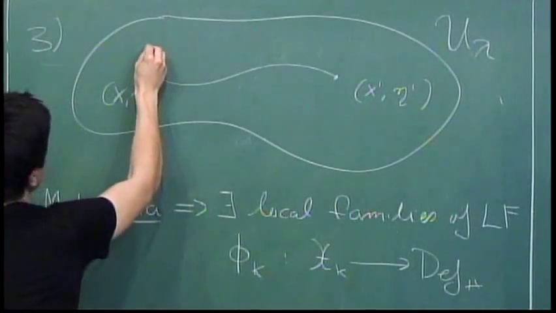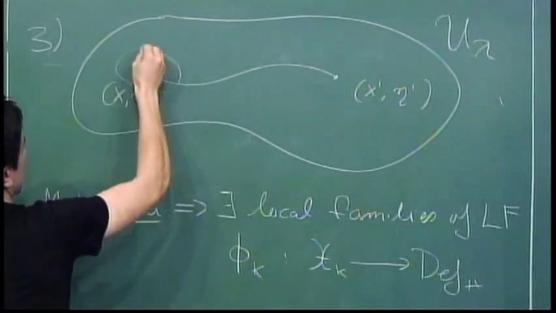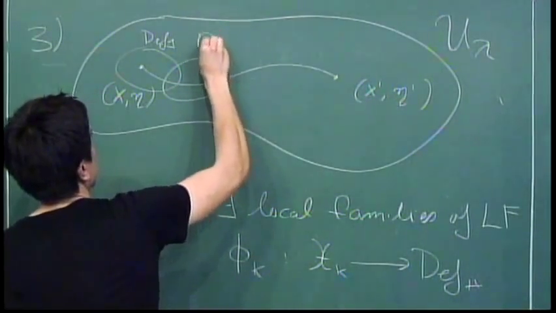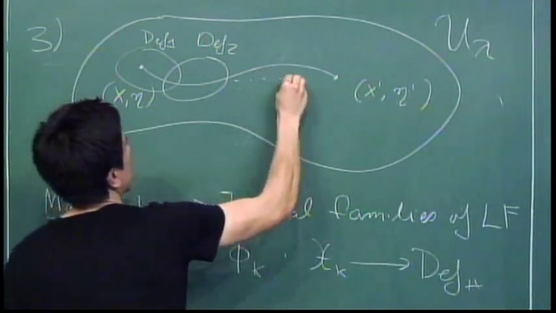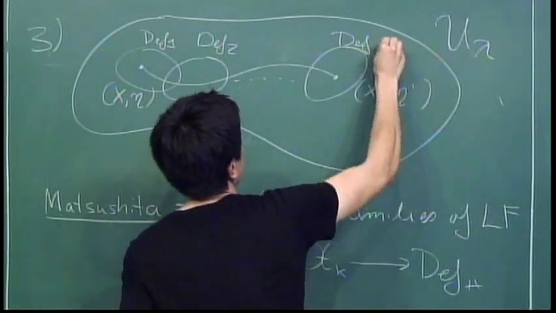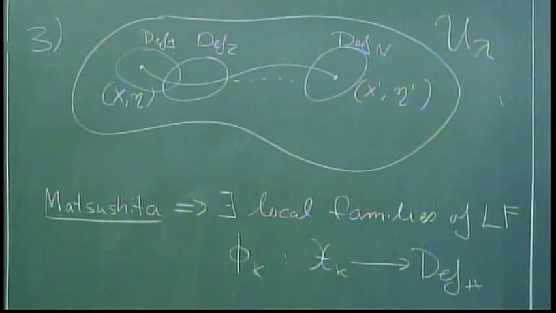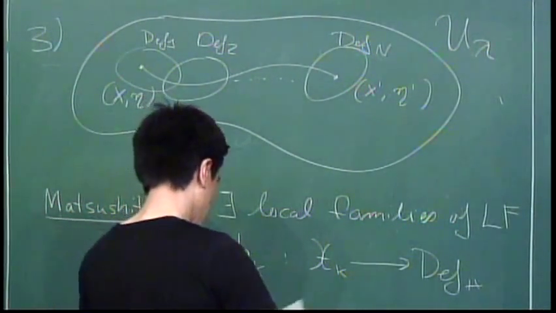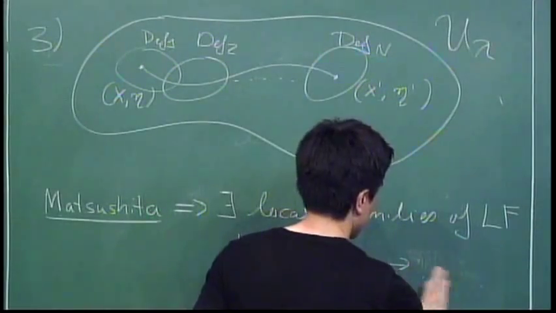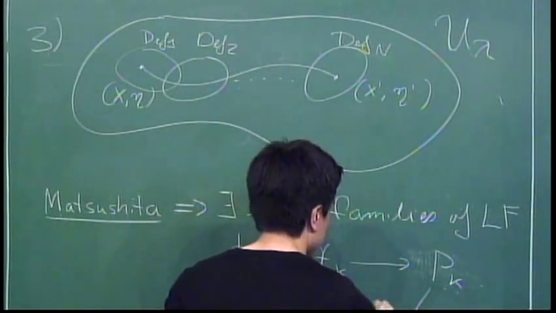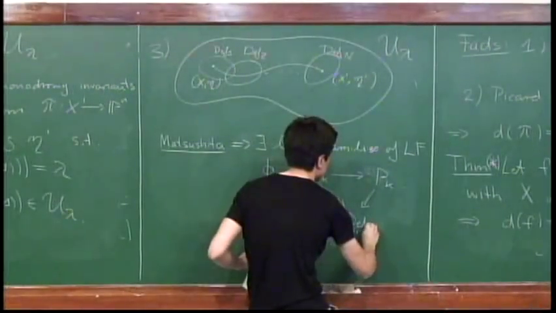So here we have Def_1, Def_2, and so on, and we somewhere reach Def_n. Sorry, these are parameterized by Def_k, of course.